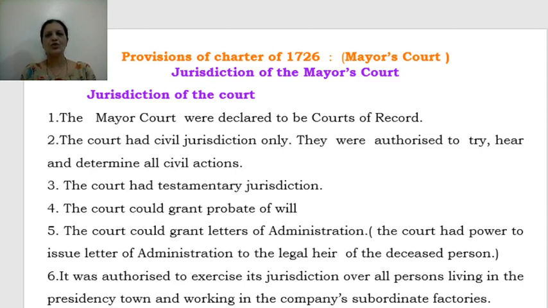That is, the court had the power to issue letters of administration to the legal heir of a deceased person. Number 6, it was authorized to exercise its jurisdiction over all persons living in the presidency town and working in the company's subordinate factories.